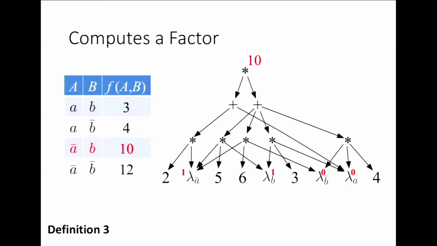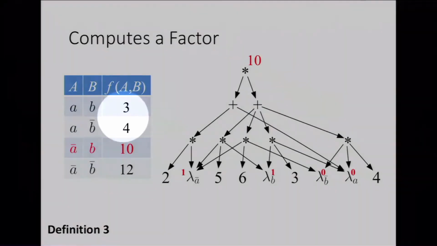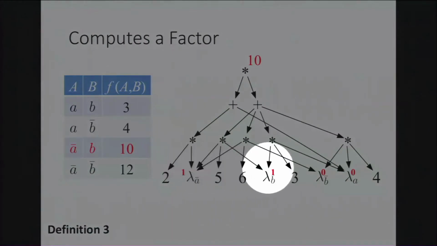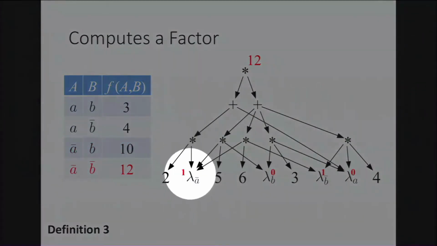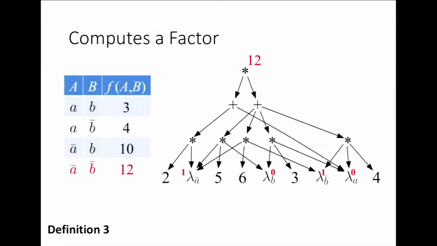And in this case, again, A is false and B is true. So you get these guys, you get 10, it matches. And finally, both of them are false. This is 1, this is 0, 1, 0, and 12. Okay, so we got a match over every complete instantiation. And in that case, we will say that this circuit computes that particular factor.